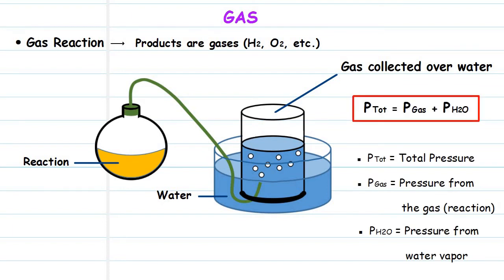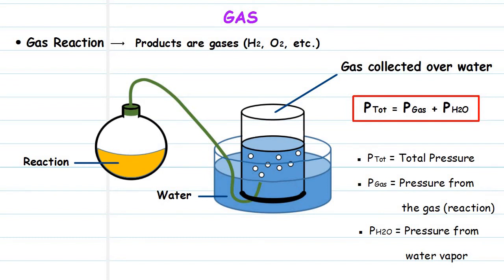So based on the partial pressure concept that we talked about previously, we can say that the total pressure inside that flask is equal to the pressure of gas generated by the reaction plus the pressure from water vapor, or P total equals P gas plus P H2O.